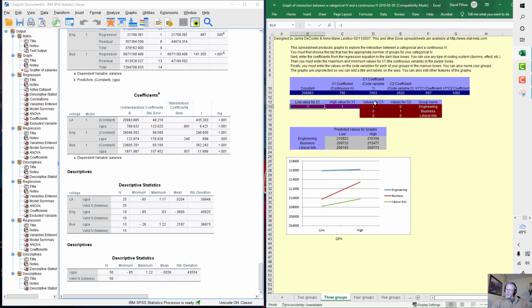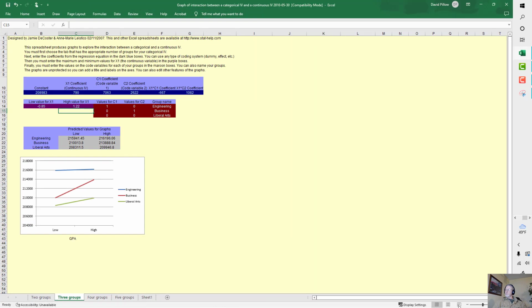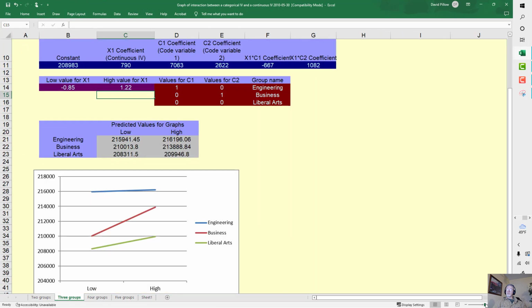So minimum minus 0.85 and maximum 1.22. And that gives you a nice representation of your data.